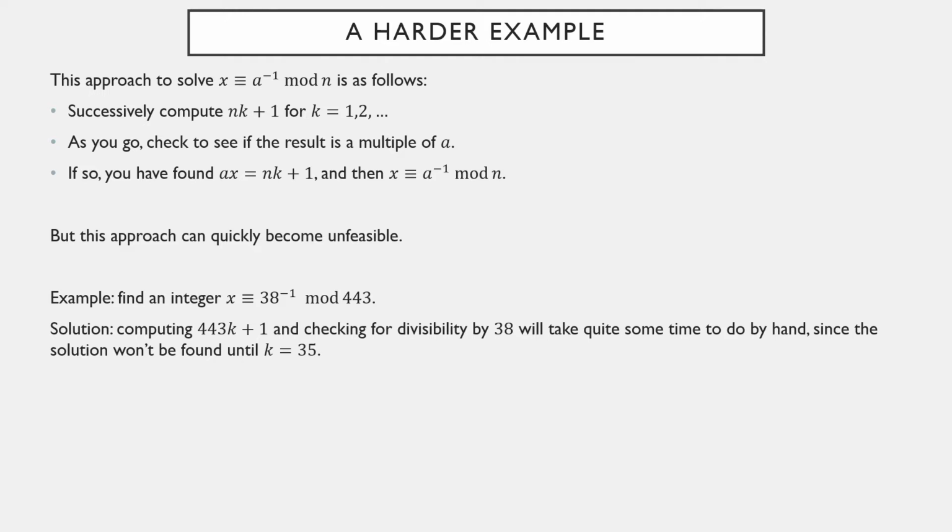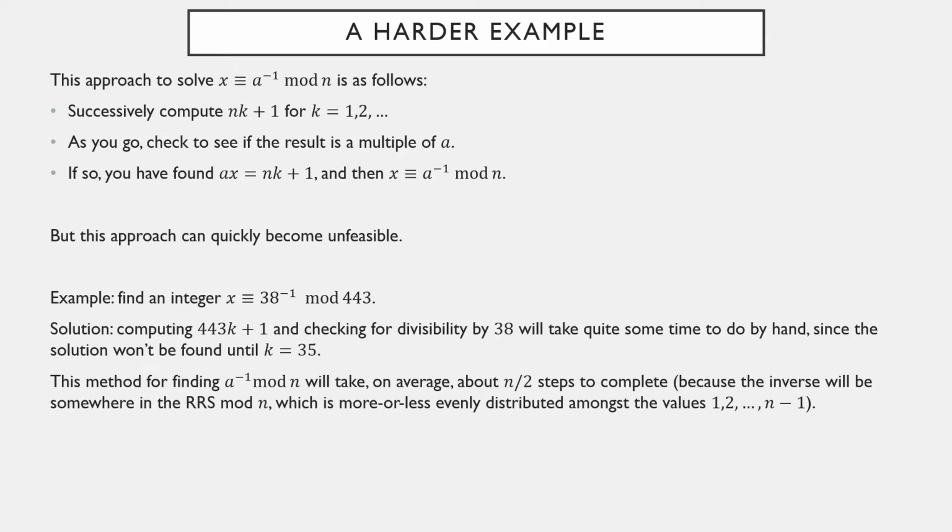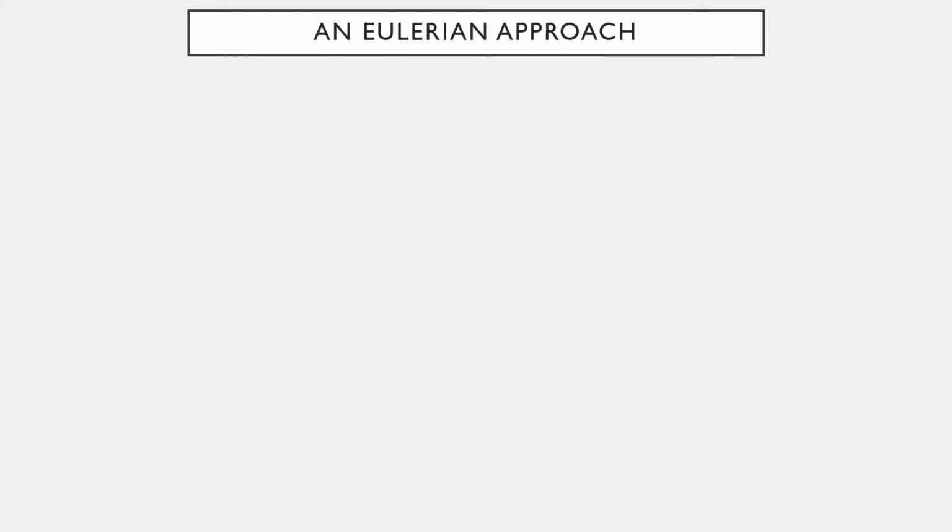So it's going to take a while. This method for finding a inverse modulo n will take, on average, around n over 2 steps, because you're just listing out multiples and on average you're going to have to go through about half of them before you find it. Is there perhaps a faster method?